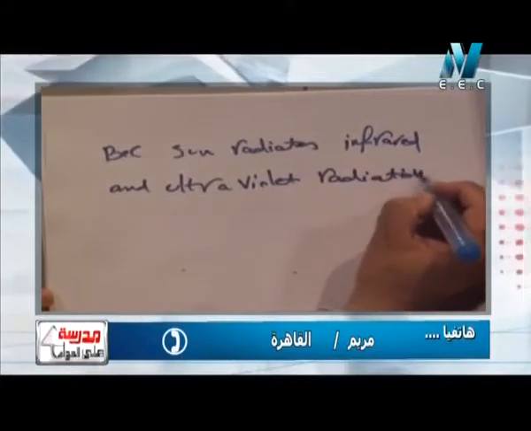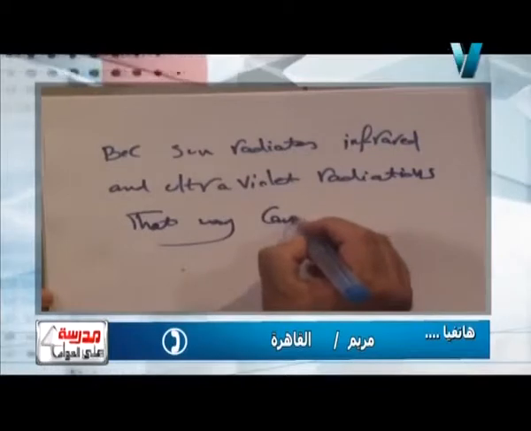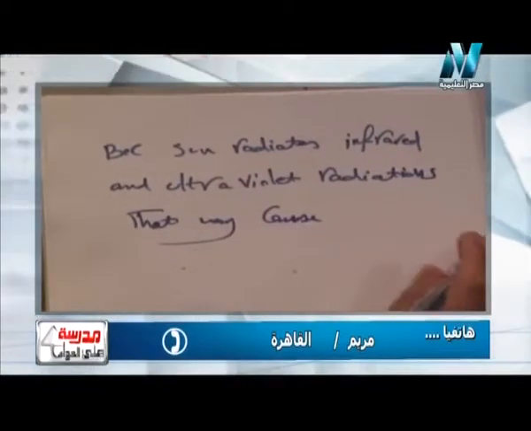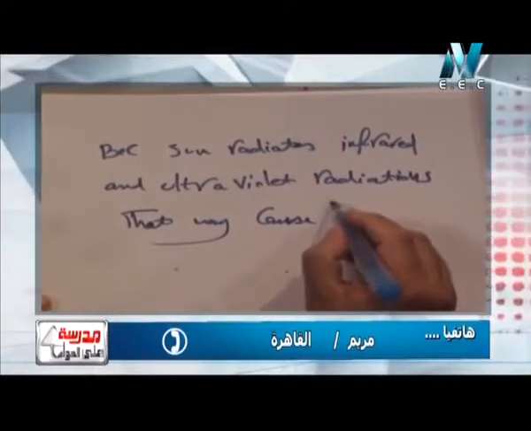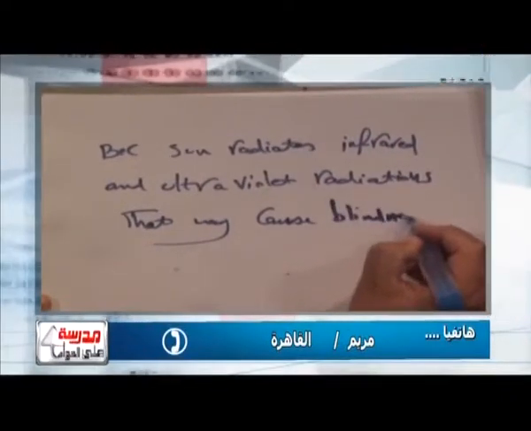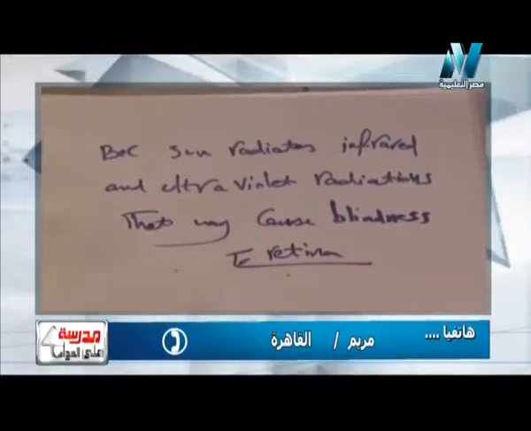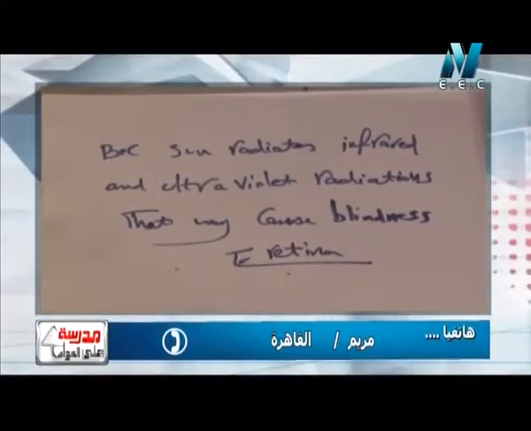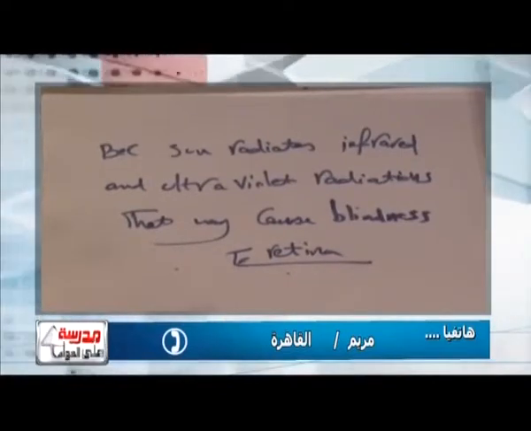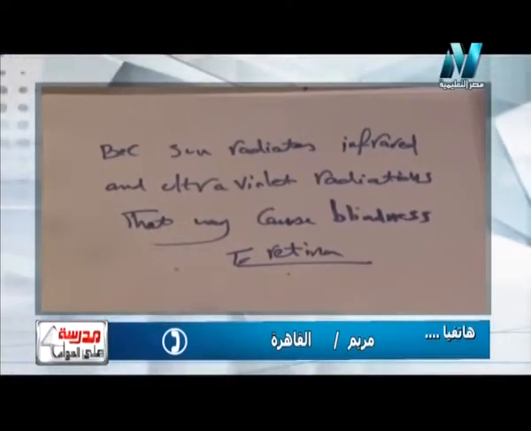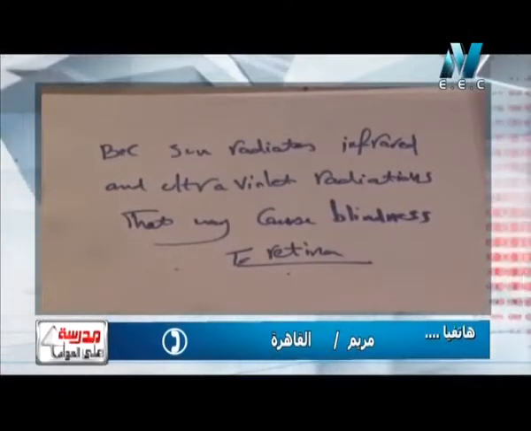That may cause what to the retina? Blindness to the retina. So we must wear special glasses to protect our eyes from blindness, as the sun's corona emits infrared and ultraviolet radiation that may cause harm or blindness to the eye retina.